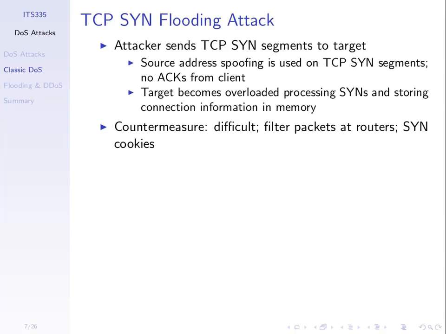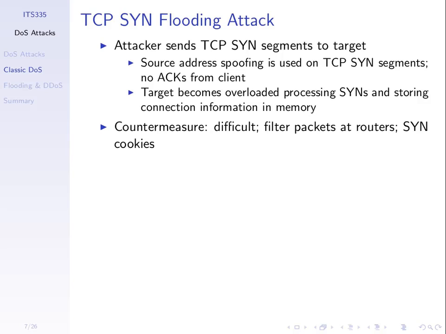So this is called the TCP SYN Flooding Attack. It's very simple. The attacker generates many SYN segments going to the server. It floods the server with SYN segments. Every SYN segment the server receives, it allocates a small amount of memory and sends back a response, this SYN ACK response.